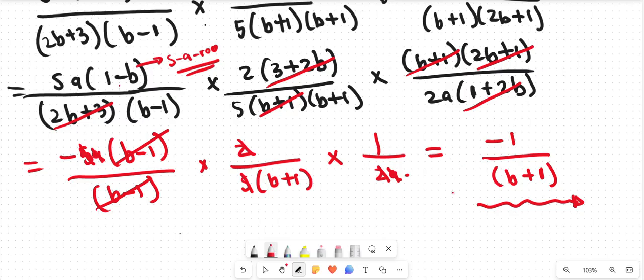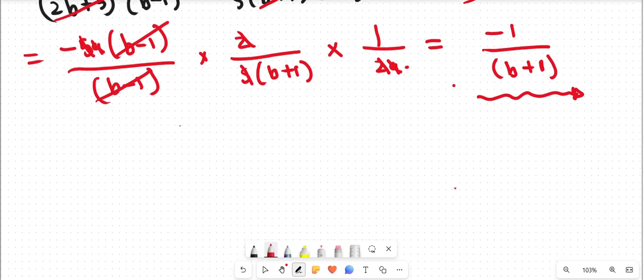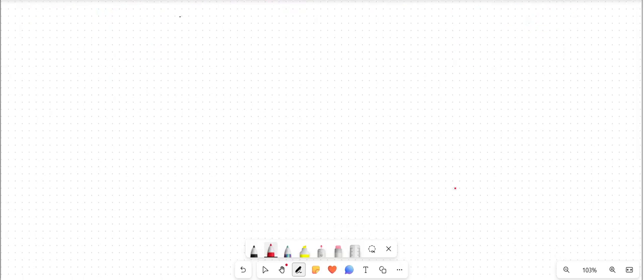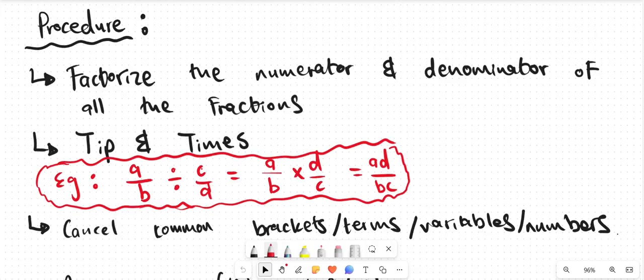All right. So that's it from my side, but what I would like to leave you with is a procedure on how to go about solving these types of questions. Let me read it out to you. You need to factorize the numerator and the denominator of all the fractions that you have. The key word there is factorize, so please revise your factorization.